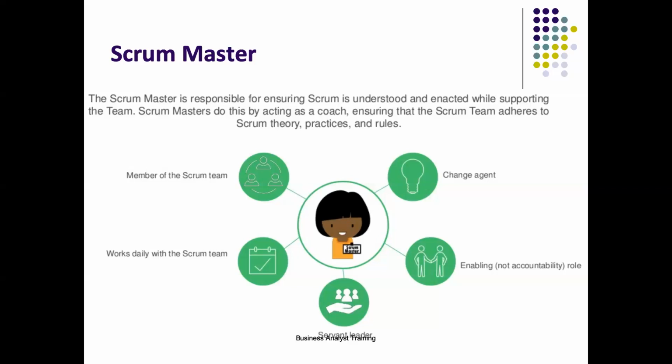On top of doing their normal skill set job, they also act as a Scrum Master, performing all these things as enabler, servant leader, change agent. So this is an additional role given on top of you being a member of the Scrum team. Okay. Hopefully that makes sense. Feel free to add comments or questions. I'll be happy to respond.